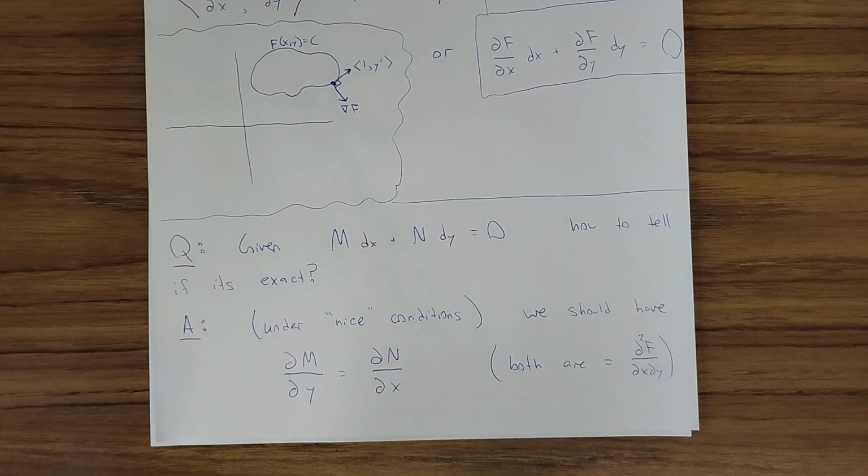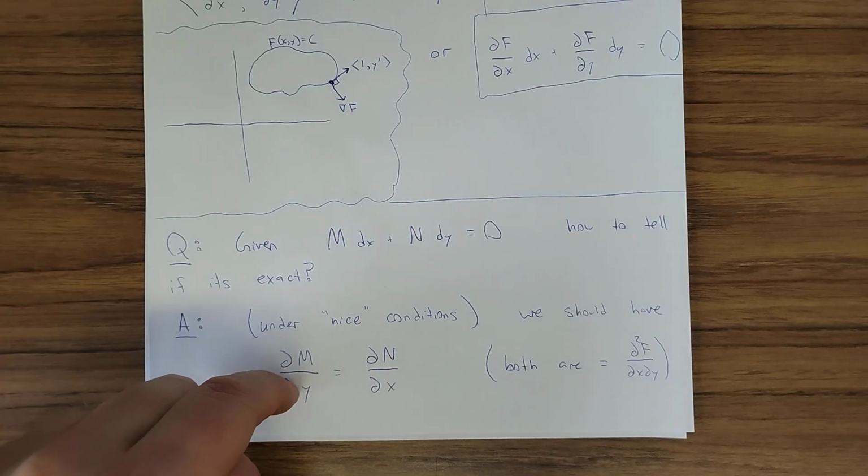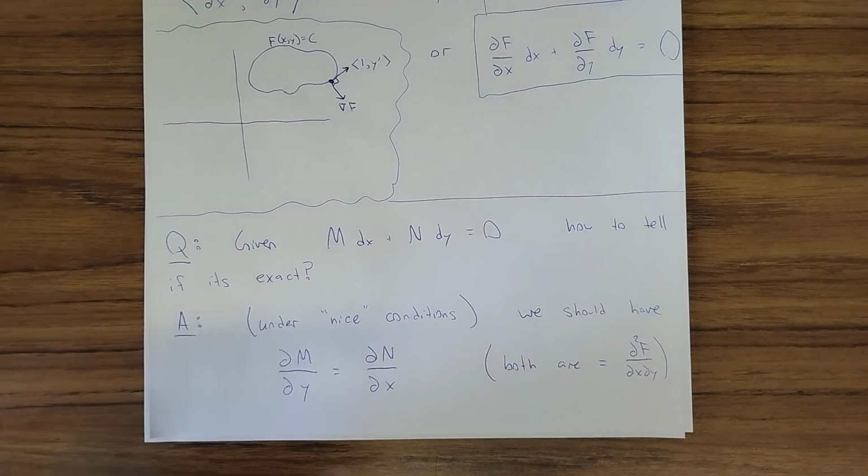So under nice conditions, one check that you can give if you have a differential equation that you suspect may or may not be exact is to just check whether this partial derivative with respect to y of M equals this other partial derivative.